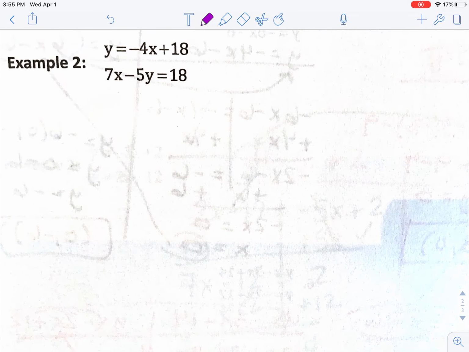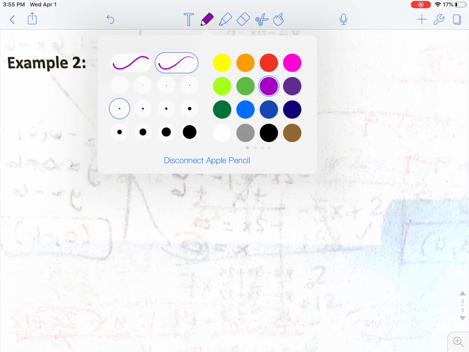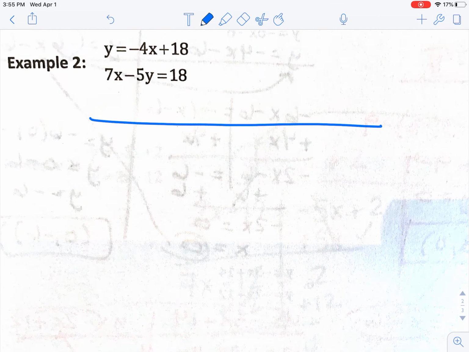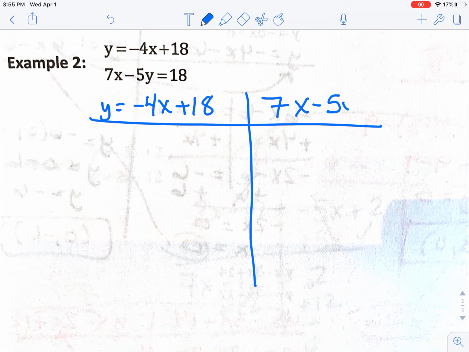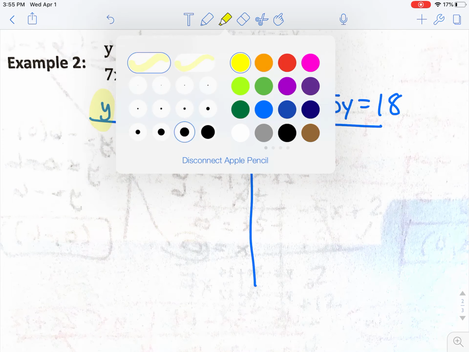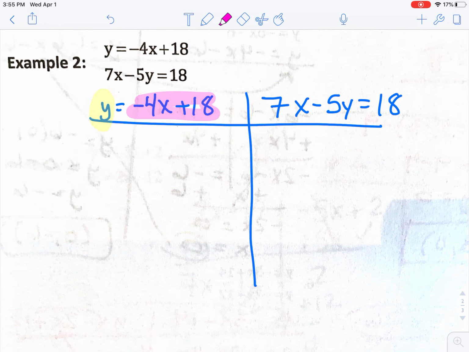All right, so this is our second example. Same idea. I'm going to go ahead and write out as substitution y equals negative 4x plus 18, and then 7x minus 5y equals 18. So now you have to look for the equation that has y by itself equals this whole other side.